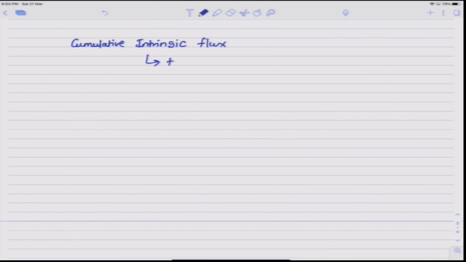This is nothing but the total amount of a component crossing a particular lattice plane.